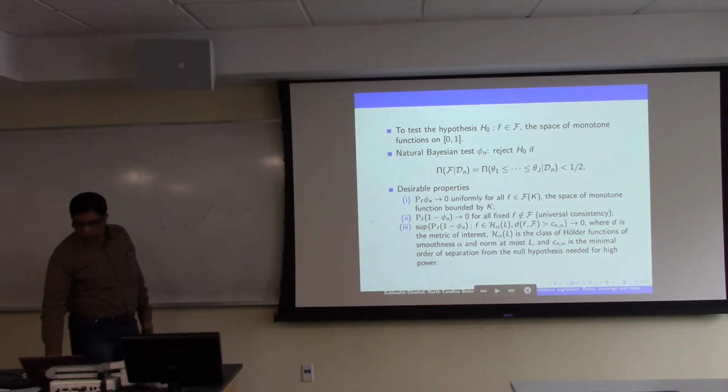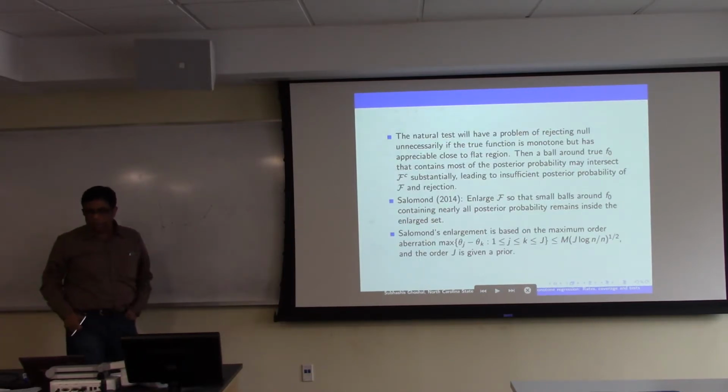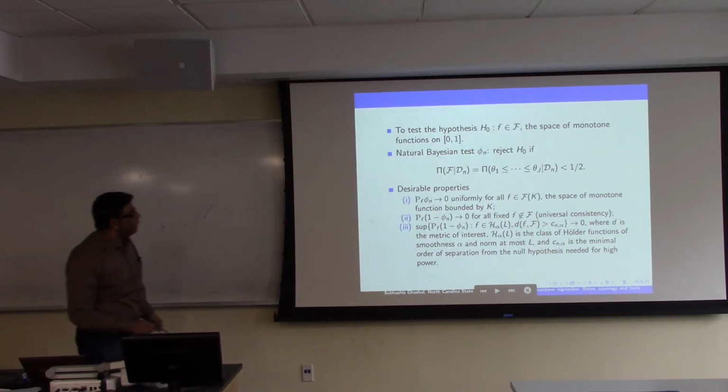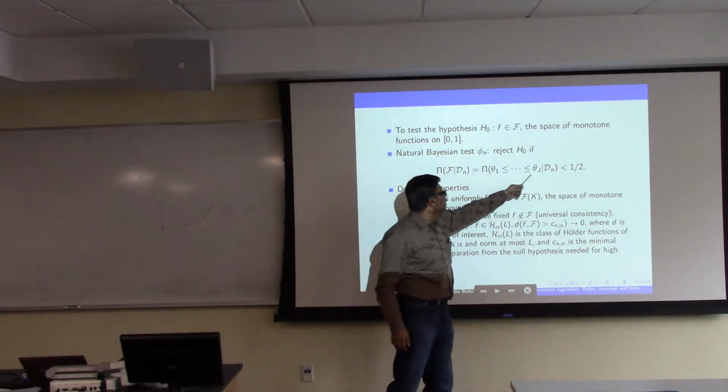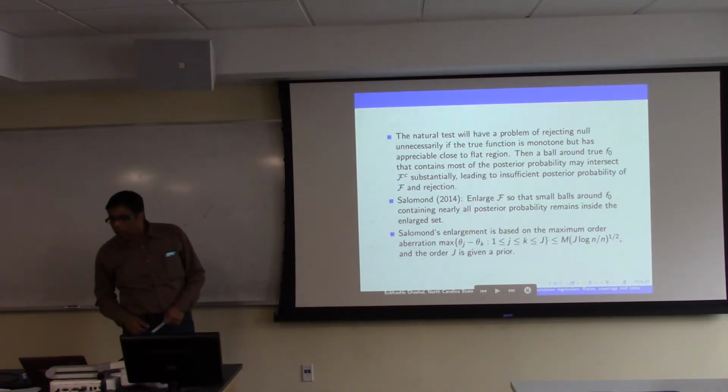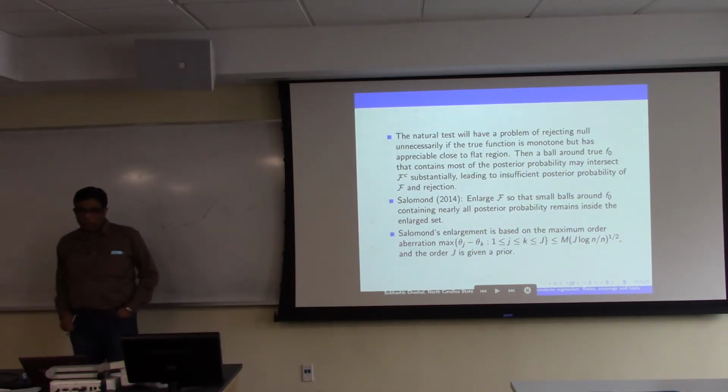The problem with this is that if you go by this, a natural test would be just judging the posterior probability of this happening. If you go by this, the problem is that the first thing will fail.